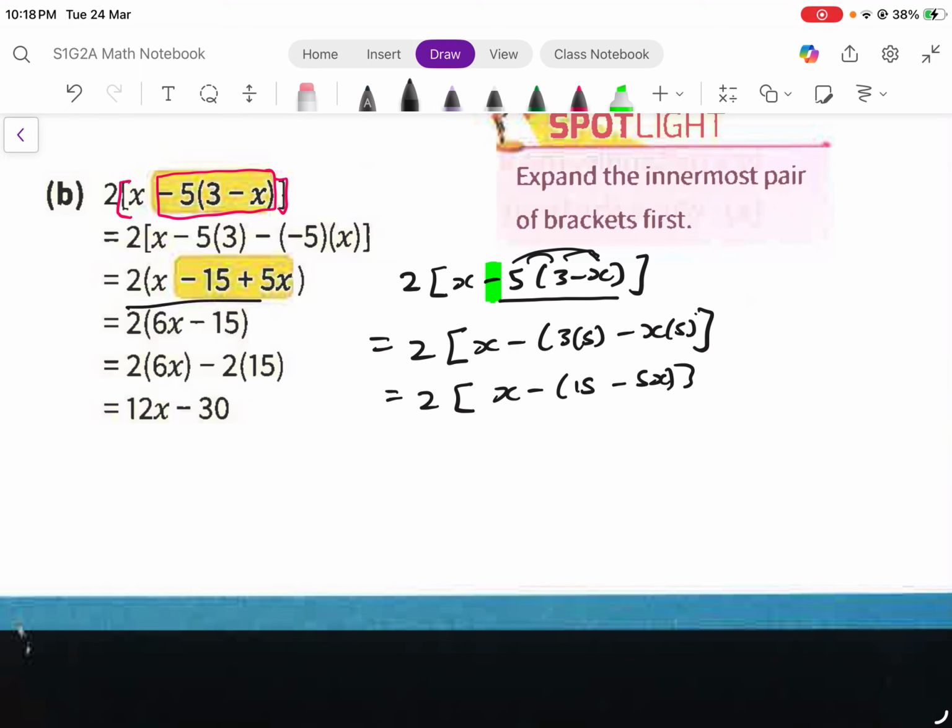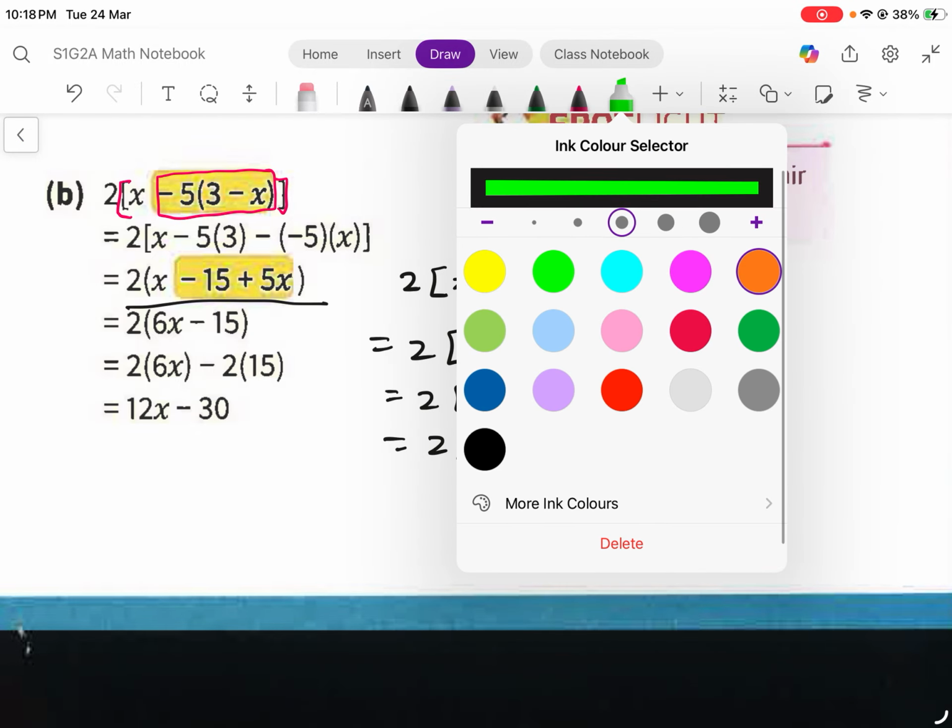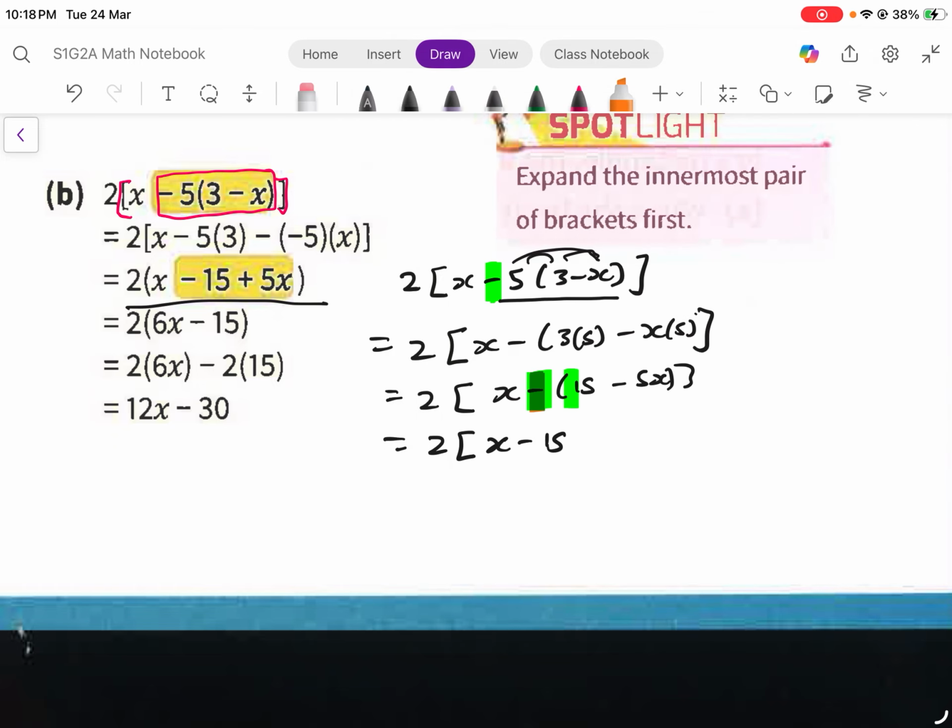Okay, same as what I did here. Then multiply the sign in. So minus, plus, minus. Minus, minus, plus. x.